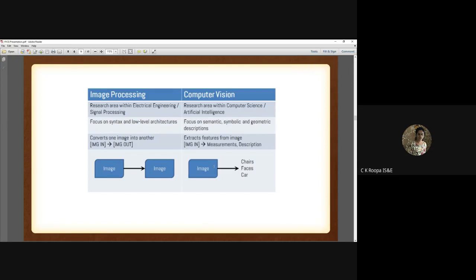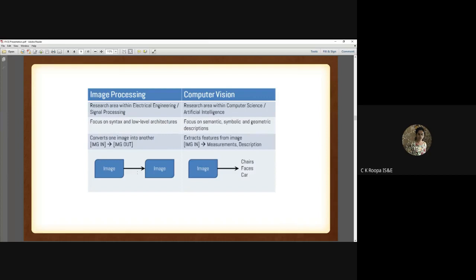Whereas in computer vision, we try to give descriptions of whatever we visualize: descriptions based on semantics, on symbols, or on how exactly the object looks, that is, descriptions based on geometrical features.